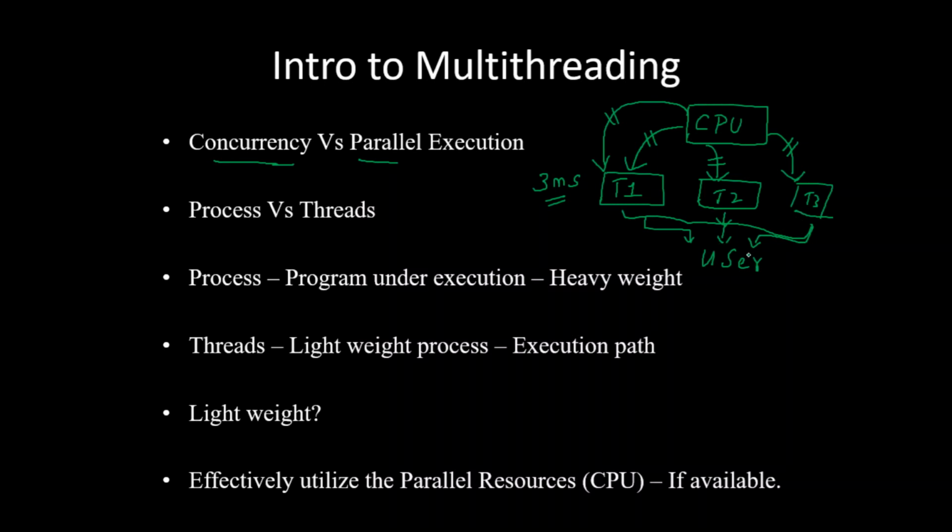So the user believes that these threads were running simultaneously, but in fact they are not. Actually the CPU is context switching at a very fast rate from one task to another. As the context switch is happening at a fast rate, the user is under the illusion that it is getting executed simultaneously or parallelly. So this type of execution is called concurrent execution.